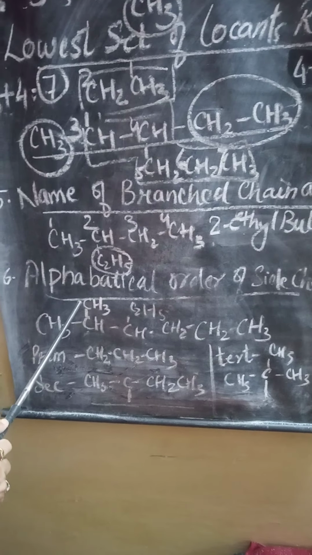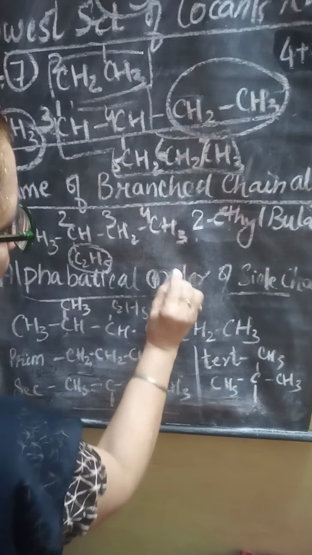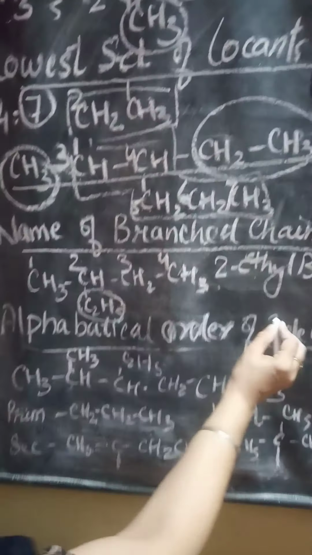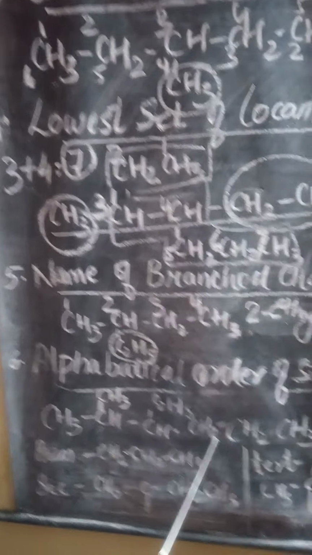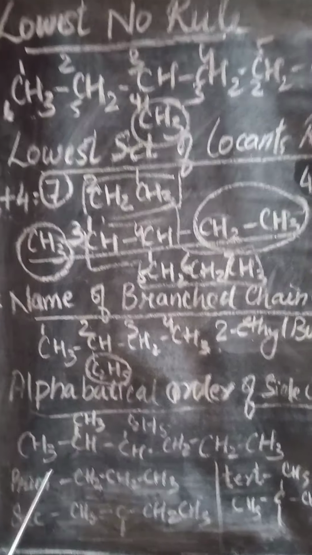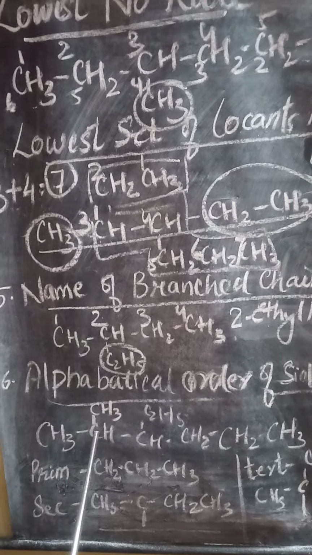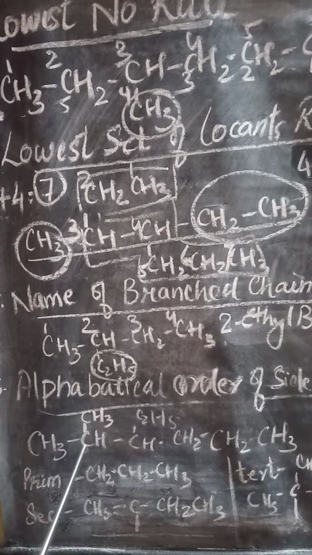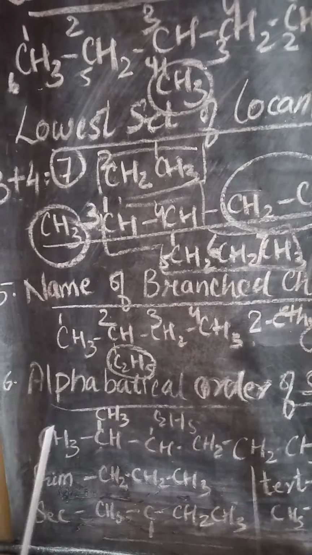Next, importance has to be given to the alphabetical order. That means what alphabetical order you have to follow for the side chains that are attached. See children, here is one example I have written, and the rest we will see in another part. This is a CH3 chain having 1, 2, 3, 4, 5, 6 carbons, and again we will number from the side where the substituent group is near.